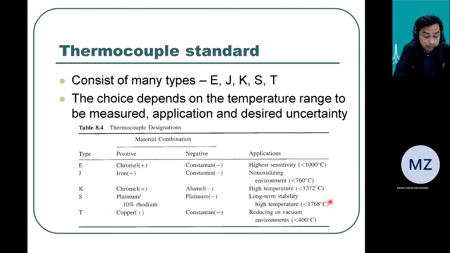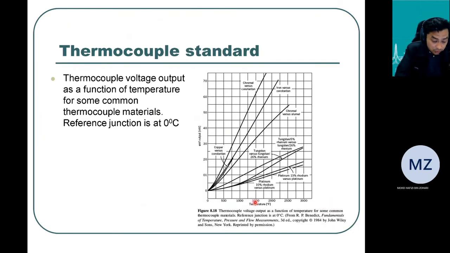It has the largest range of temperature measurement. If you look at the graph, this is actually Fahrenheit, not degree C. If it is degree C, you have to convert. So it's up to close to 3000 degrees Fahrenheit, so in degree C maybe 1700 as in the previous slide.